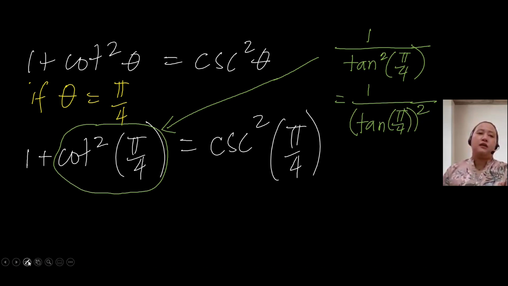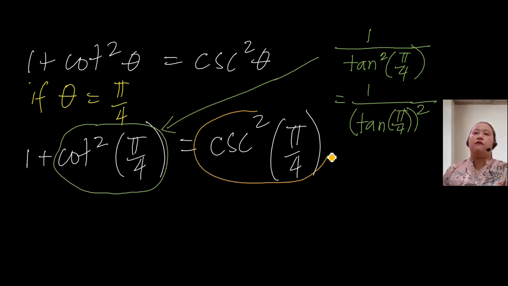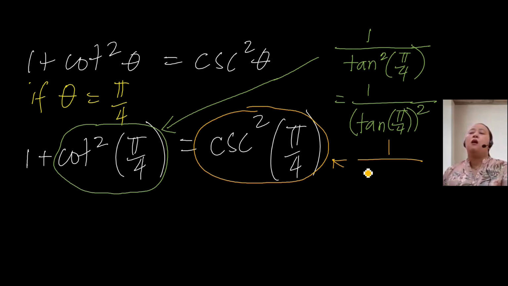And then the same with the cosecant, because cosecant is the reciprocal of sine. So in your calculator, reciprocal of sine is 1 over sine squared pi over 4.